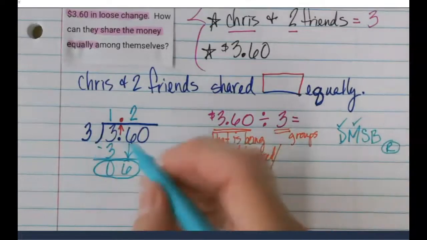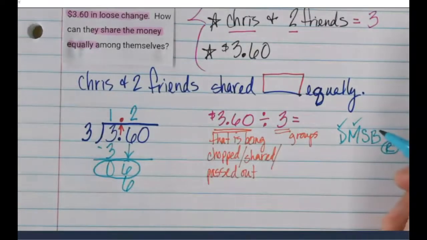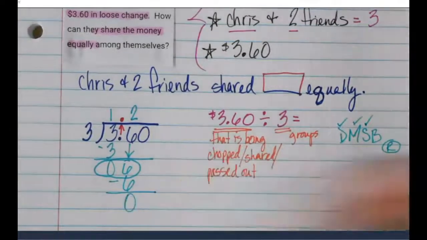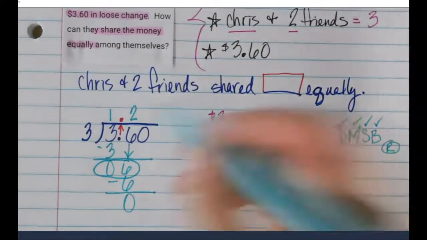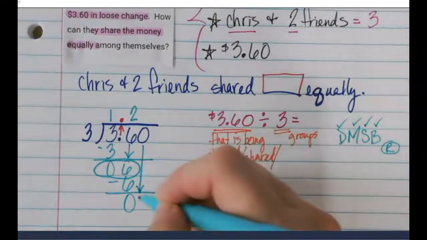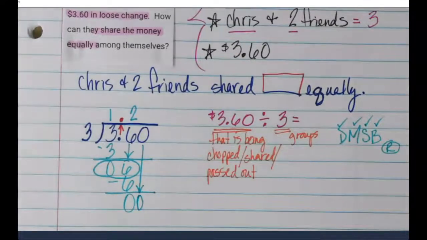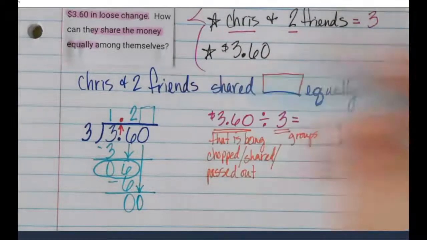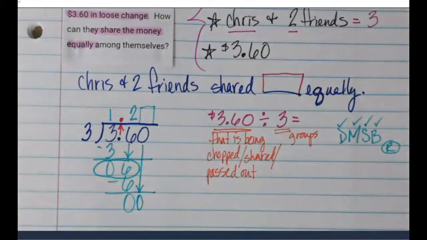Multiply. 2 times 3 is? Next step. Subtract. 6 minus 6 is? 0. Next step. Bring down. You must, even though it just makes it 0, you must bring it down. Because look at, this 0 has nothing on top of it. You have to finish the math. So that's when I repeat with the lovely 0. 0 pens shared by 3 people.